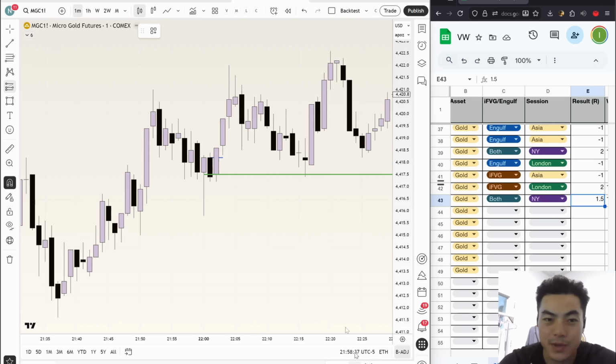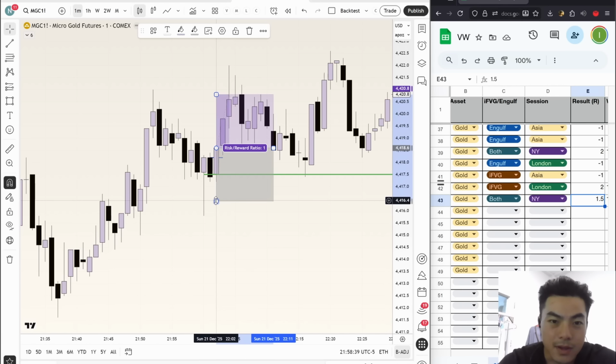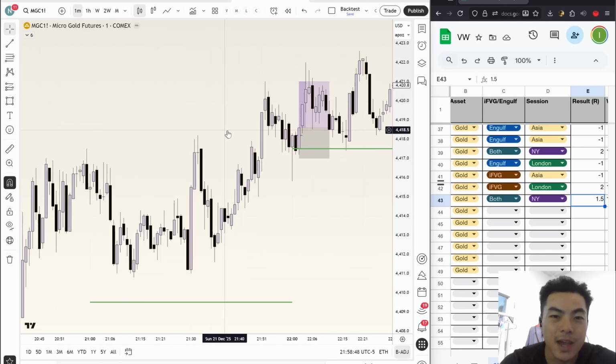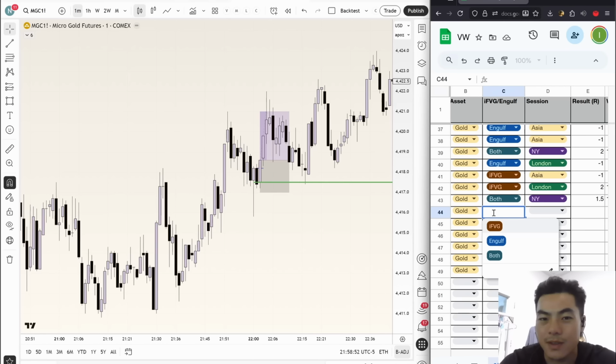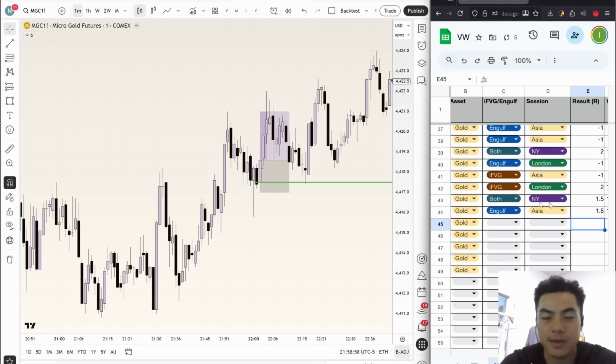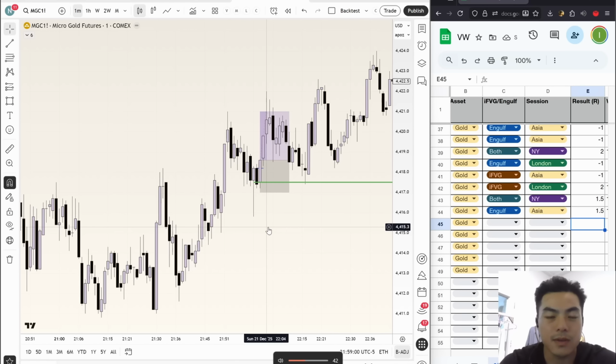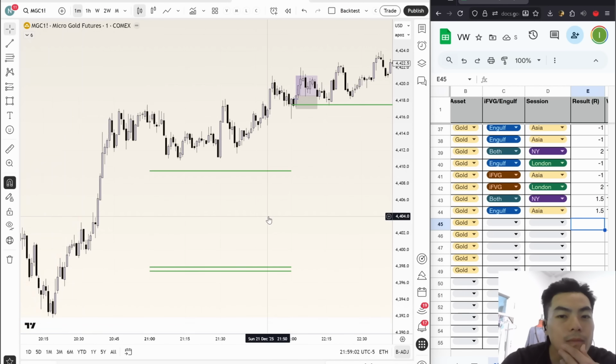So there is your entry. I would go stop below these lows because that's really far. Target that high. Yeah, 1.5R. Nice. So that's an engulfing entry for Asia, 1.5R.